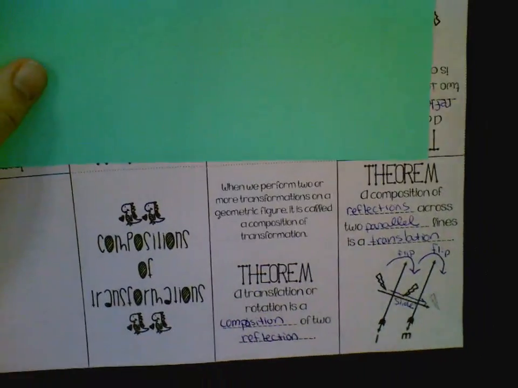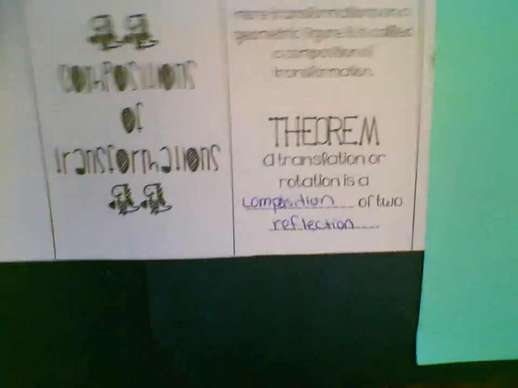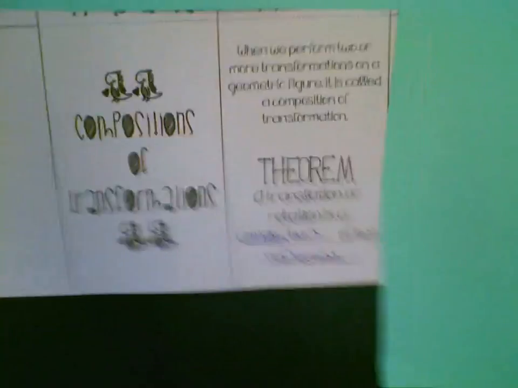Okay, so let's start looking at some of our theorems that we have. So when we compose two or more transformations, it's called a composition, just like what we talked about. And that lets us figure out a lot of things.